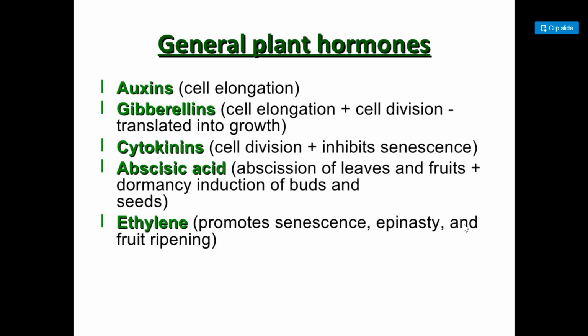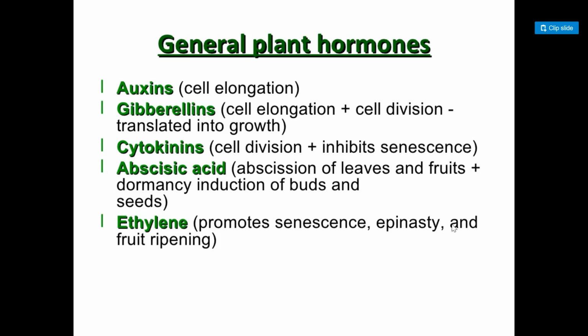Okay? So you may have a question on the AP exam that says something like this. I wouldn't put it past the writers of the exam to have a question like this. Which of the following hormones is most likely going to increase plant size?